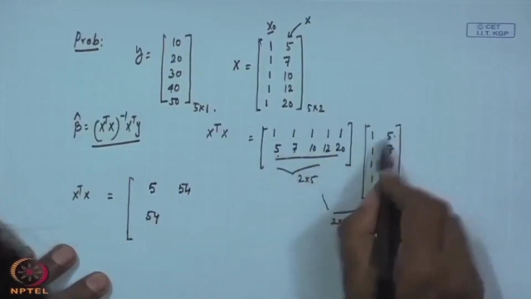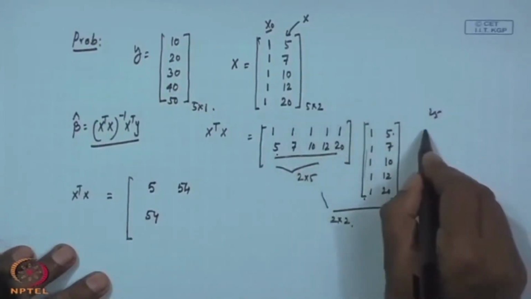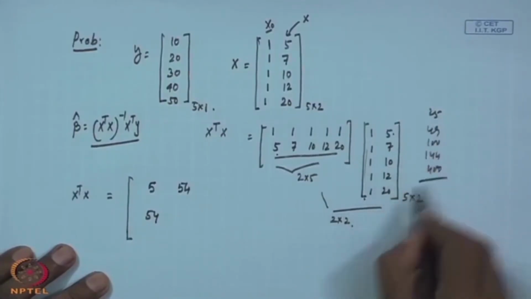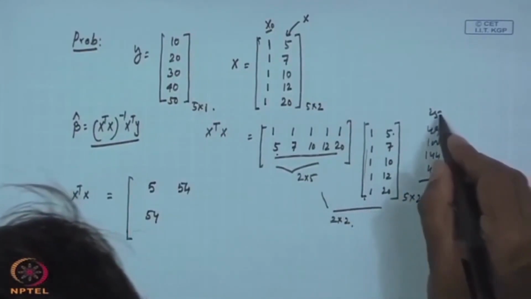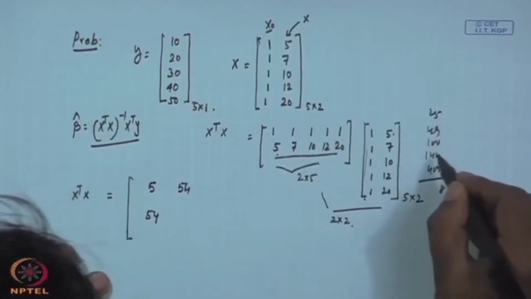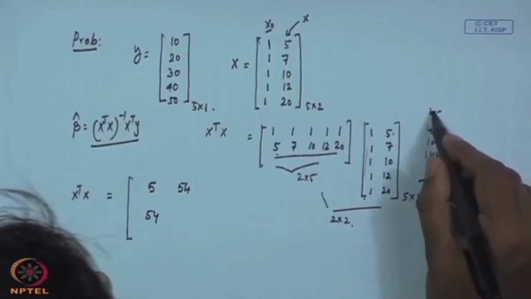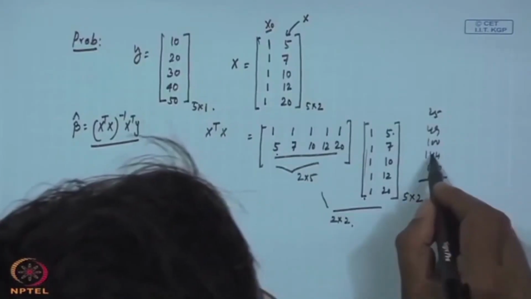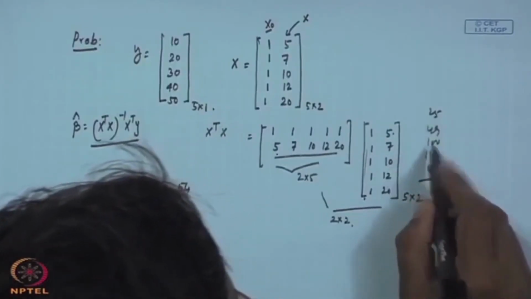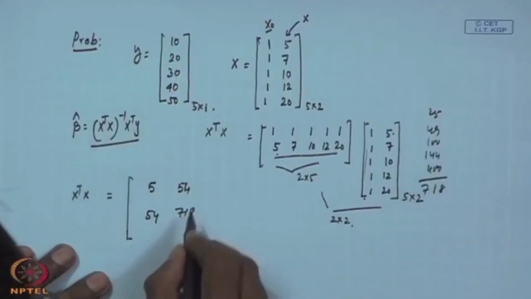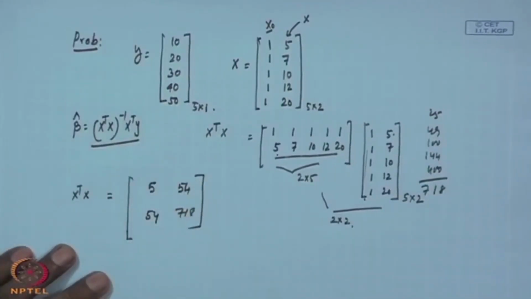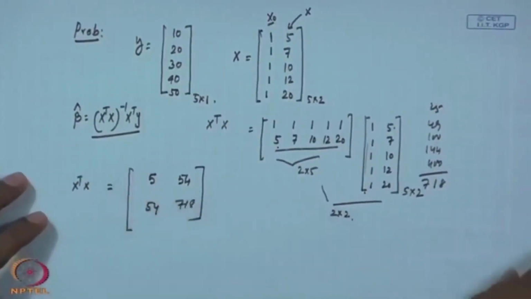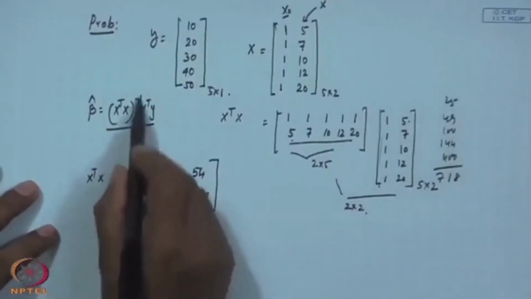Now, 5 squared is 25 plus 49 plus 100 plus 144 plus 400. Correct. So, second, you require to compute the inverse.